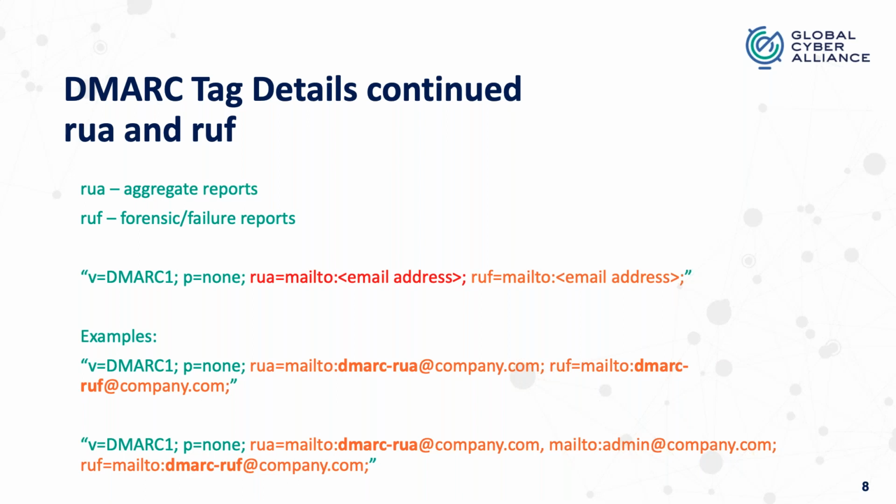Remember, the receiving servers are the ones who are going to send the reports back to you. ruf=mailto: and then the email address you want the reports to go to. The email address is going to be an address within your organization. So if you're setting up a DMARC policy for globalcyberalliance.org, the email address needs to be at globalcyberalliance.org.